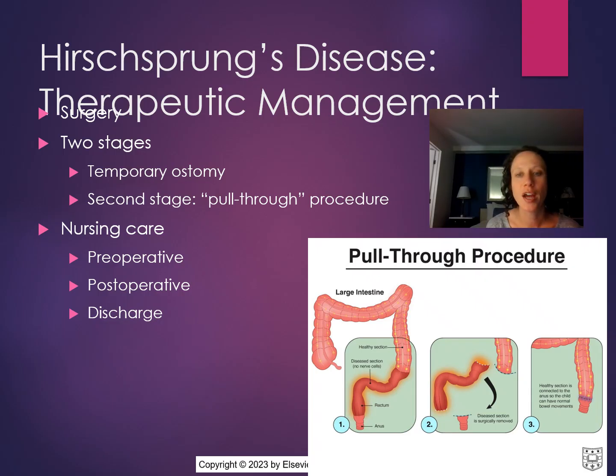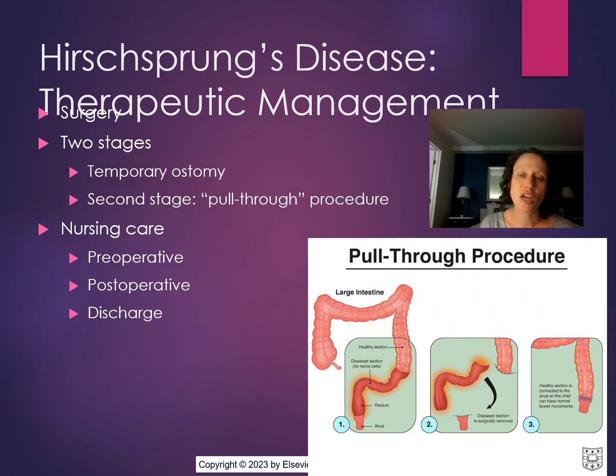Okay, so I was trying to fix it to where my video head wasn't right in the way of the picture. But this picture, you should be able to see on your slides, shows you how they do the pull-through procedure. Essentially, they take off the diseased section, the section with no nerve cells, the no ganglion cells section, and then they take the large intestine and the anus and sew them together, is kind of what I gathered from reading about it and from the pictures as well.